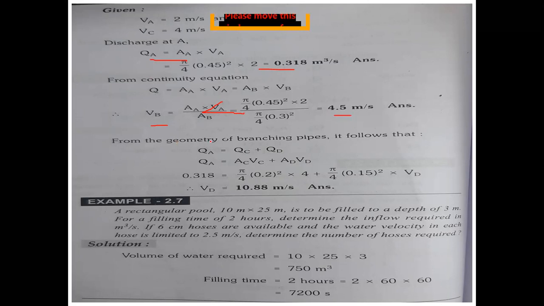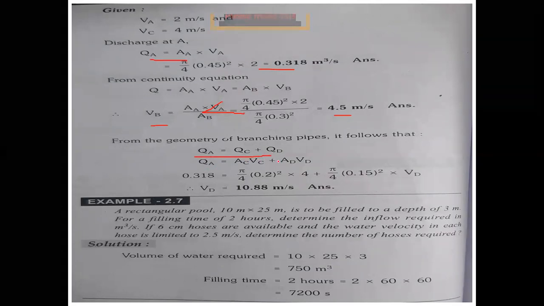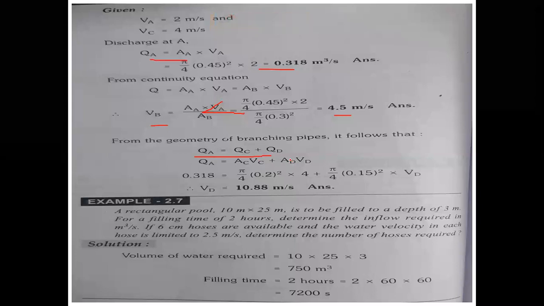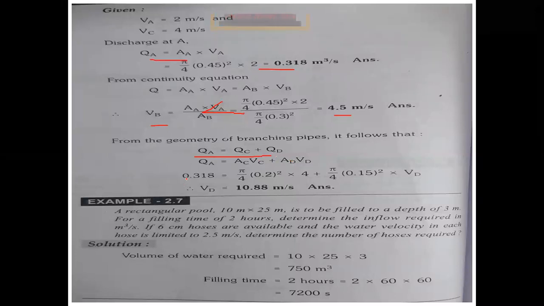Now from the geometry of the branching pipes, it follows that QA is equal to QC plus QD. So QC is AC VC, plus AD VD. Now substituting QA, we already know QA is 0.318.